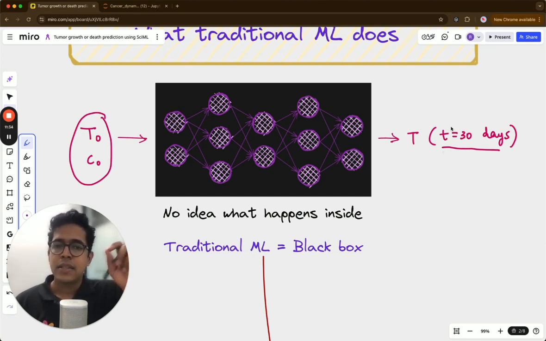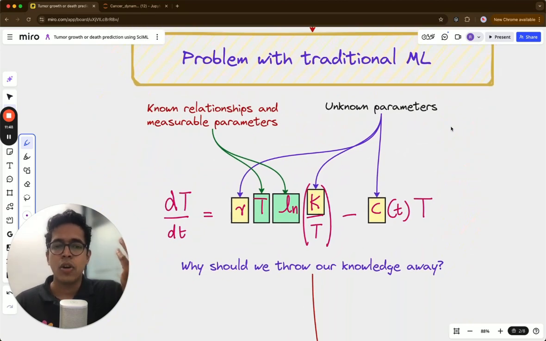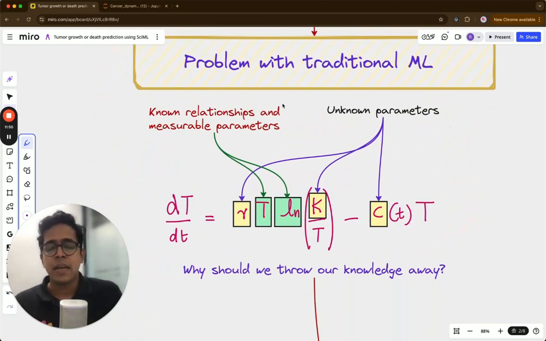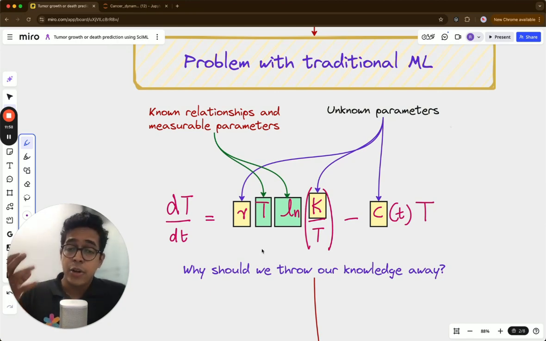But the problem here is you have no idea what is happening inside the model. This is a traditional black box machine learning model. You don't have good interpretability. So there is one more problem, right? The problem is that you already have a decent model. You have the Gompertzian growth model in which some things are sensible. This r t ln(K/T) term captures the essence that a cancer tumor grows fast initially, and then later the growth rate reduces.